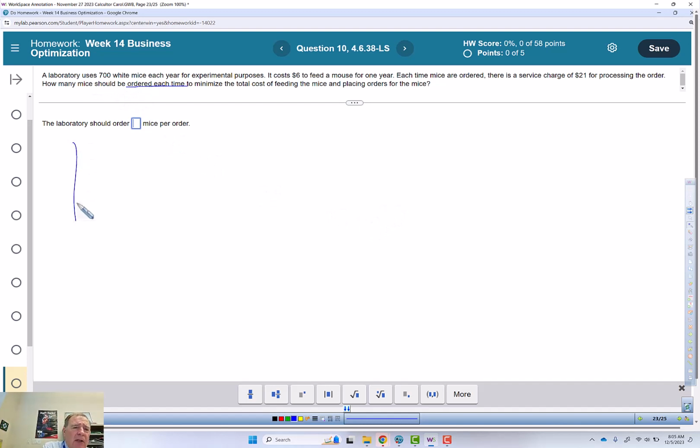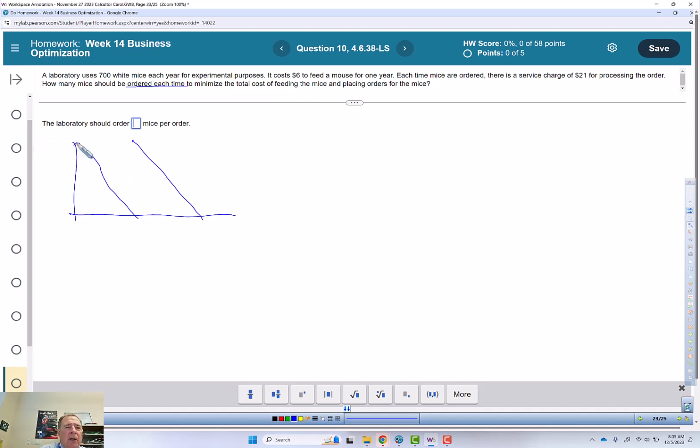And if we think about this, to actually do the problem, we're going to have to assume that the demand for mice is linear, and we're going to have to assume that at the end of each experiment, the mice are destroyed.